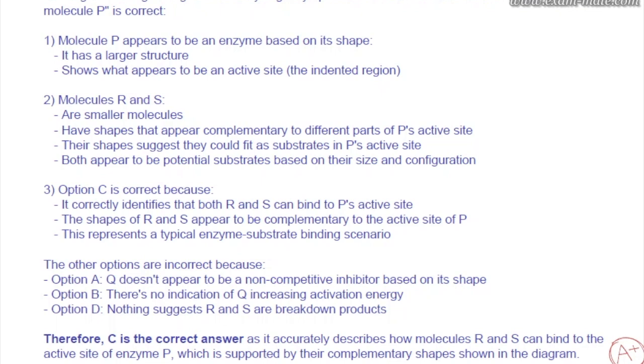Option B, there's no indication of Q increasing activation energy. Option D, nothing suggests R and S are breakdown products. Therefore, C is the correct answer as it accurately describes how molecules R and S can bind to the active site of enzyme P, which is supported by their complementary shapes shown in the diagram.